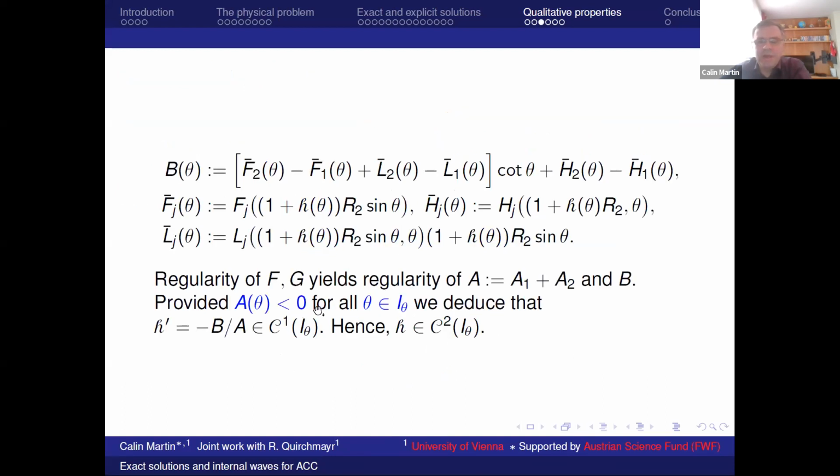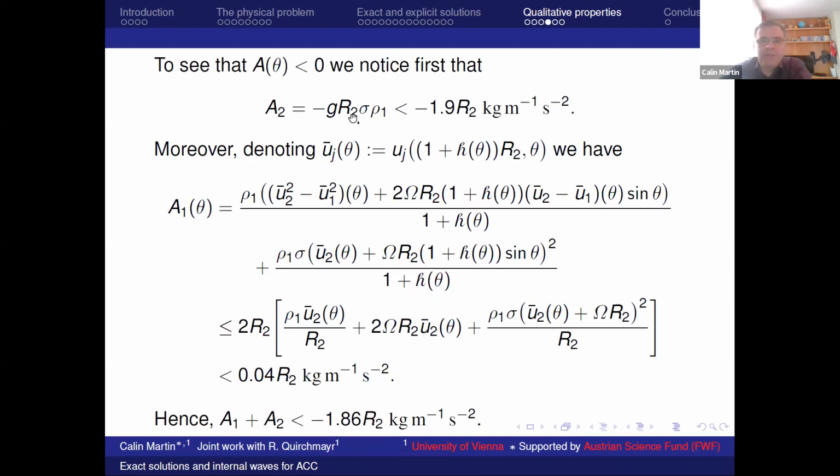This follows by some similar argument that was used when we proved the existence result. So the details are here. All these quantities, we can find bounds by using what we impose on the azimuthal velocity to be, let's say, less than 1 meter per second, and then this quantity here would be less than 0.04, while A2 is less than minus 1.9 times R2.